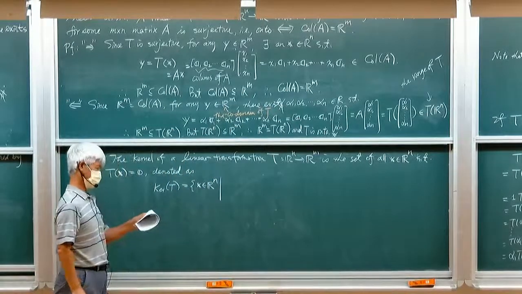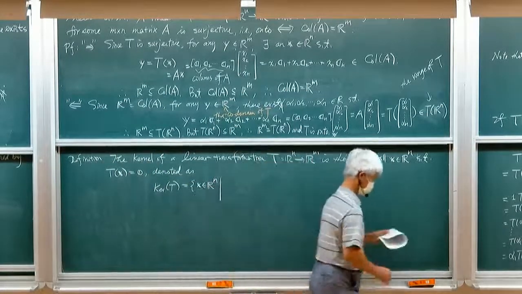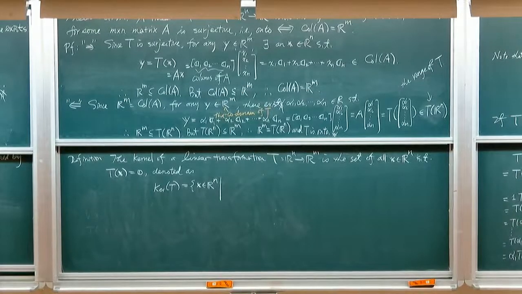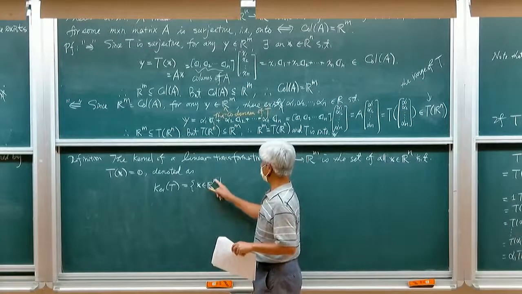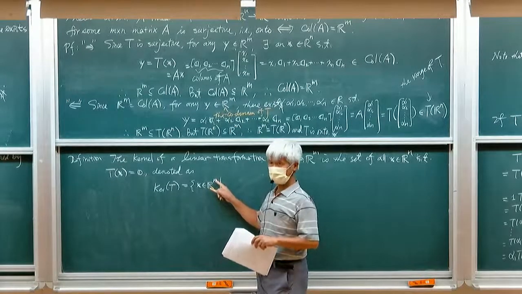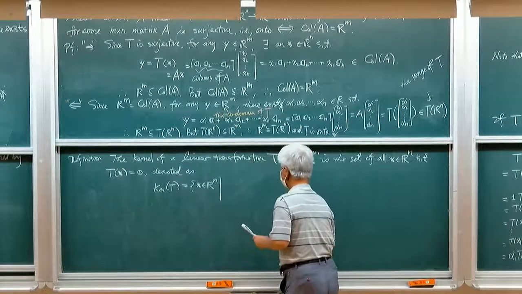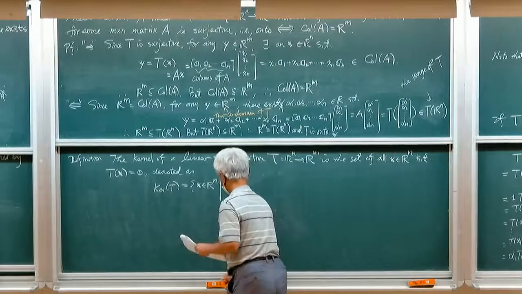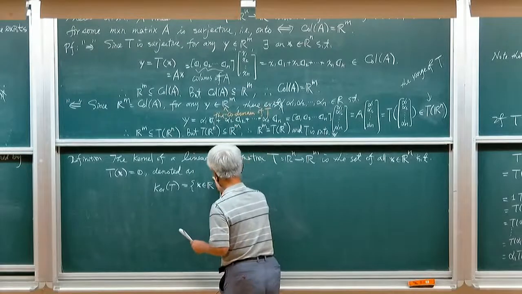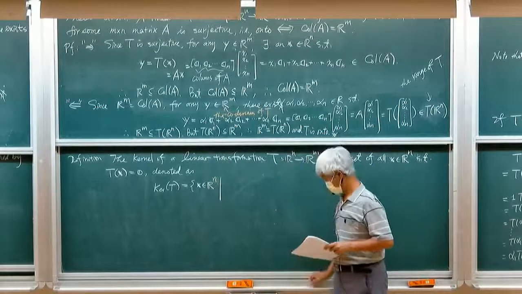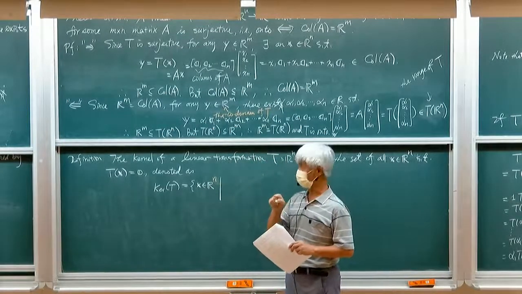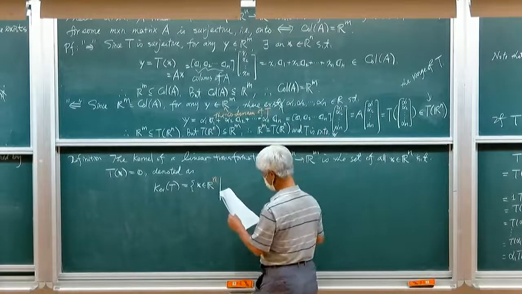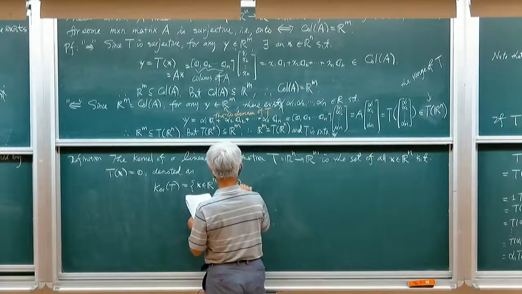Another typo. I typed R to M, but it's N, not M, okay? So maybe it's N, okay. So for all vectors in the domain of T such that Tx equals 0.